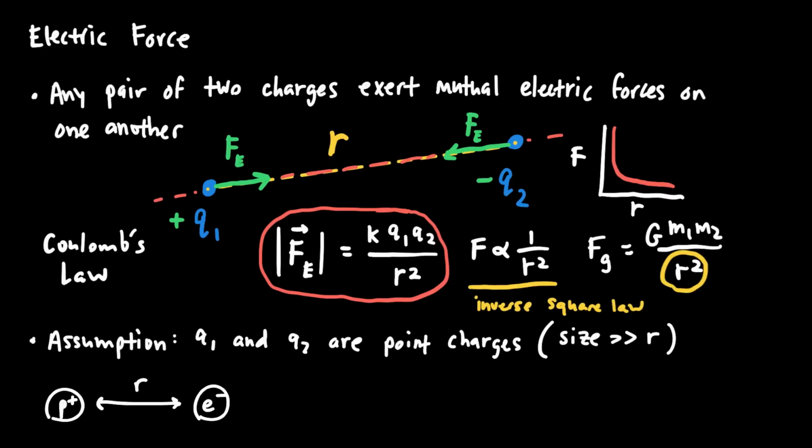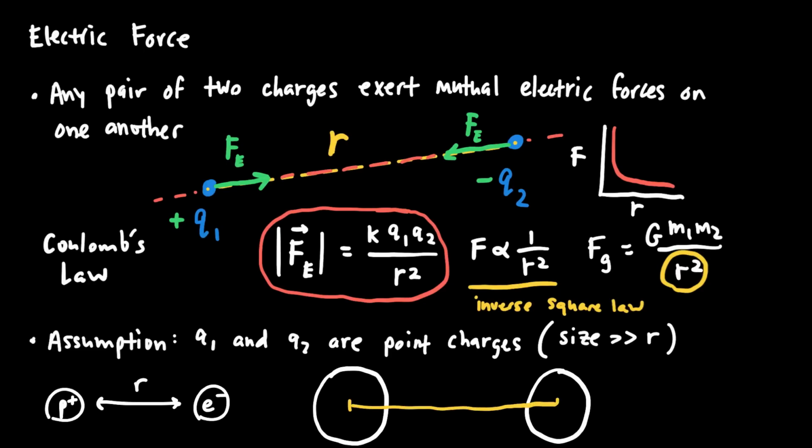However, we've done a couple problems where maybe we're dealing not with a proton and an electron, but with two spheres that have a large physical size, and maybe they're moving closer toward one another. There are some cases where the separation between the centers of those spheres will become small enough that the two surfaces of the spheres will start to polarize one another and redistribute the charge within the object.